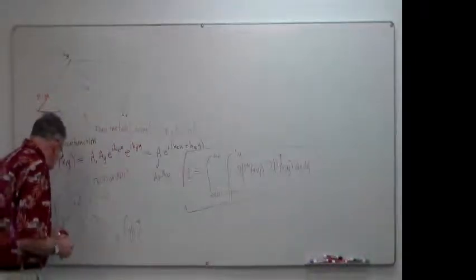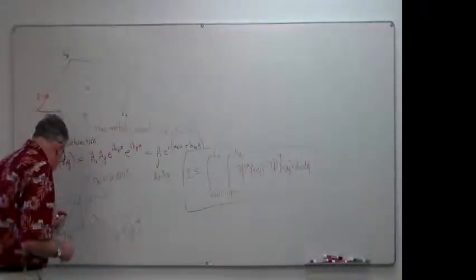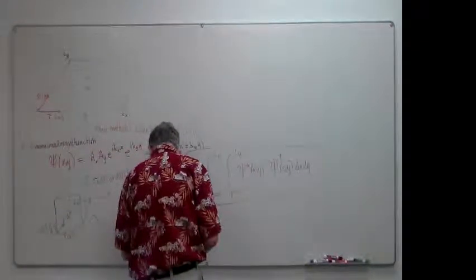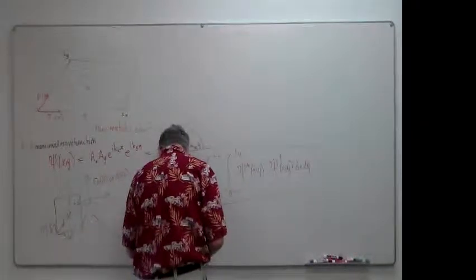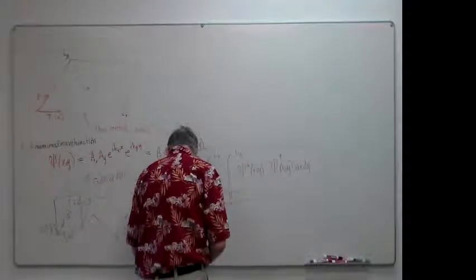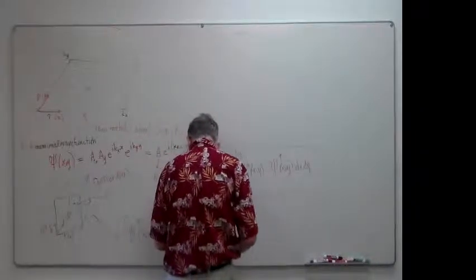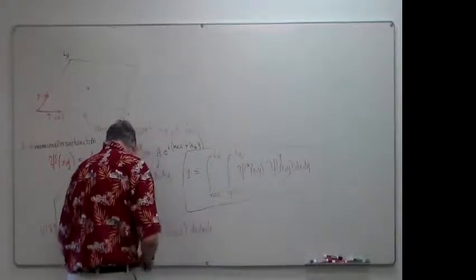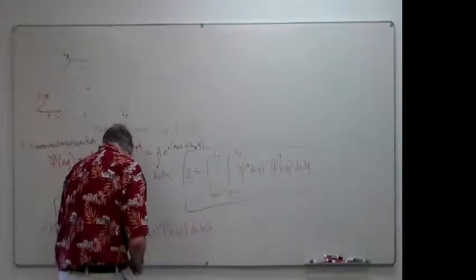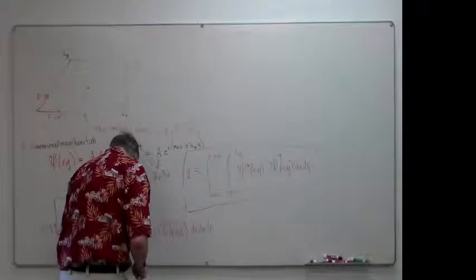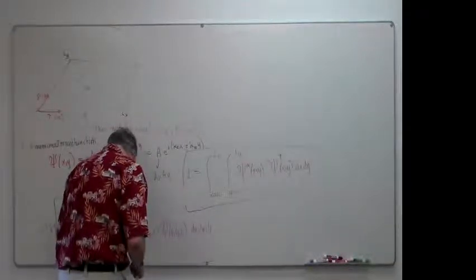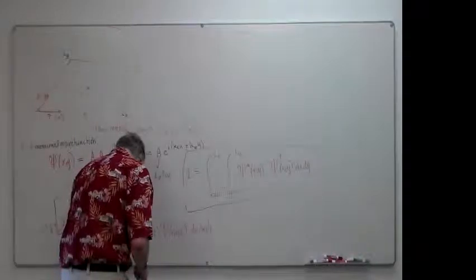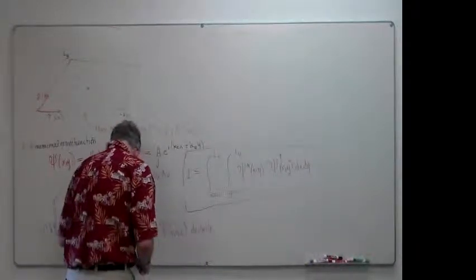What are they? Are we doing I, J, and K? Yeah, I is with X, J is with Y, and K is with Z. And so we'll have psi star of the coordinates X, Y, Z times psi of the coordinates X, Y, Z, dx dy dz. Now, we don't just have one integral though, we're going to have a triple integral, aren't we? x equals 0 to Lx, y equals 0 to Ly, and z equals 0 to Lz.